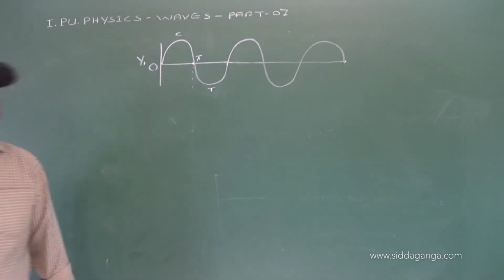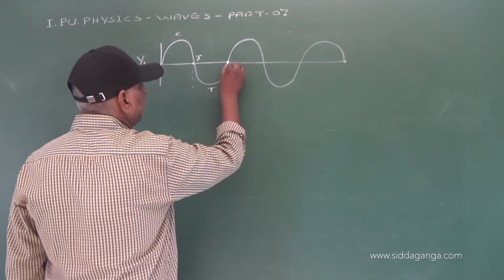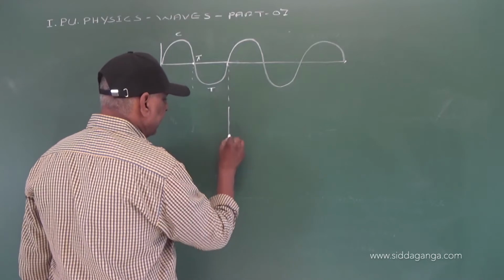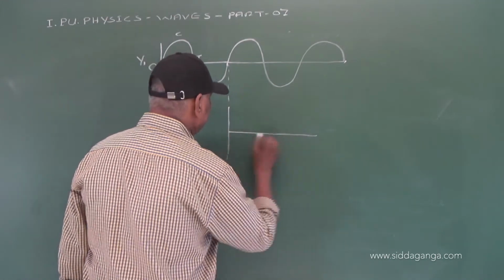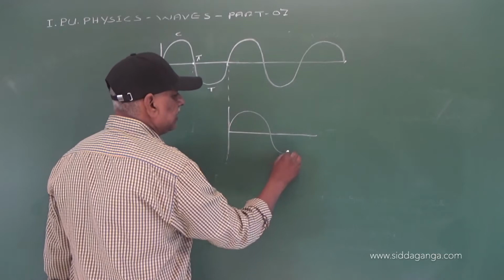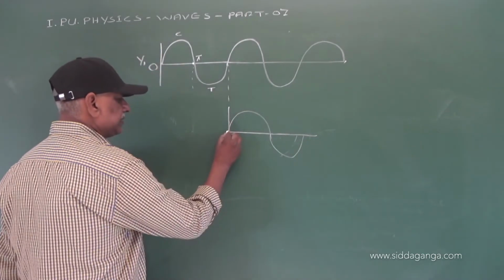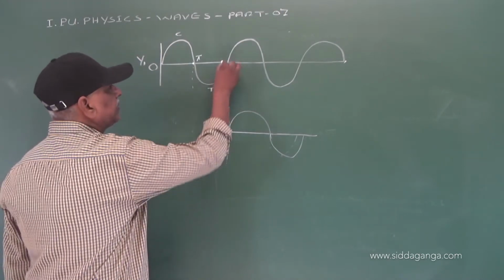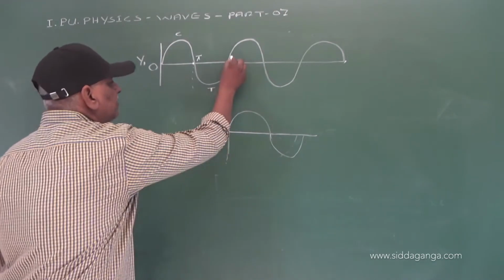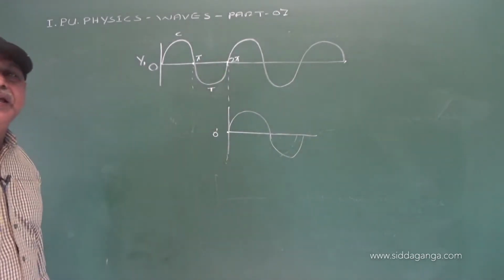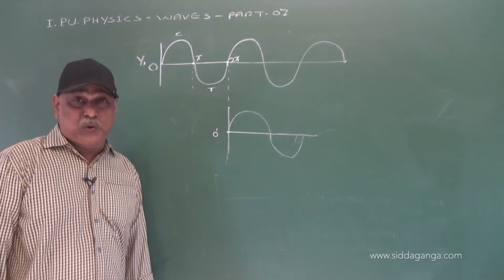Now suppose the second wave is arriving at the point like this, this is O dash. Now the corresponding point in the first wave has a phase of 2 pi.